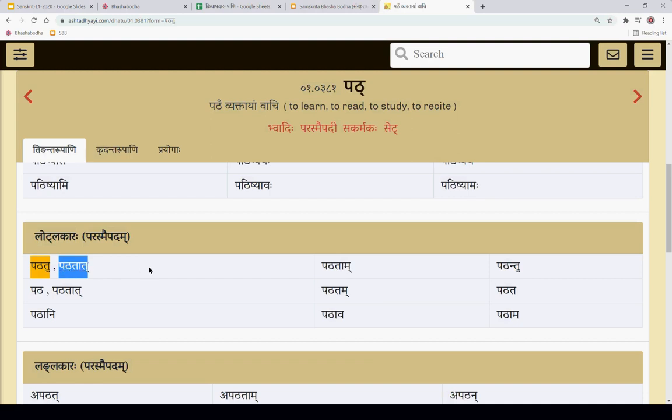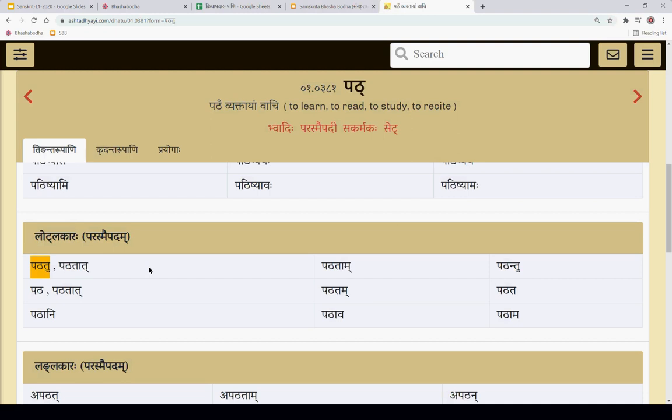Is it a second way of saying Patata? Is it optional? It is passive voice. Patatu is active voice. Patatat is passive voice. No, I'm just asking, did this question occur to anybody? I'm not expecting the answer.